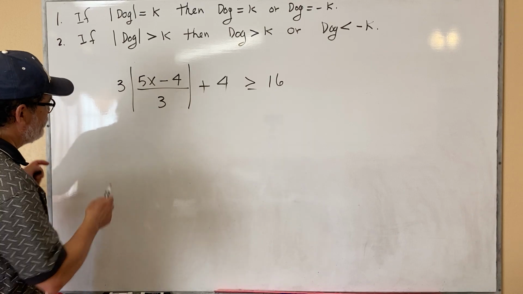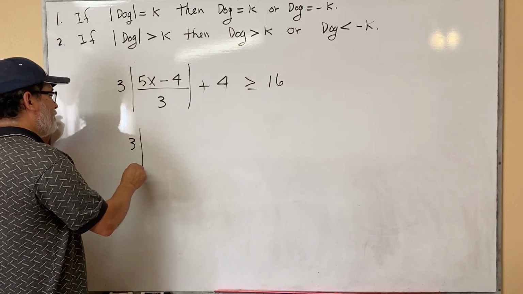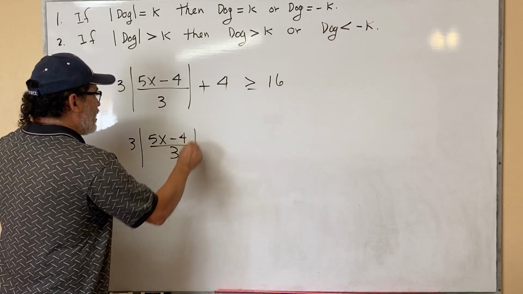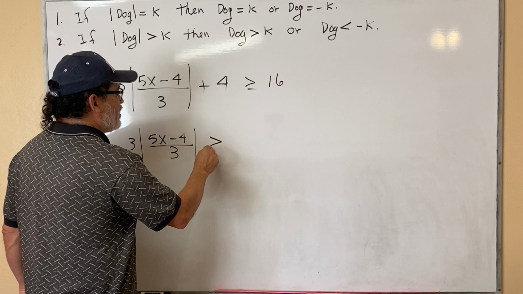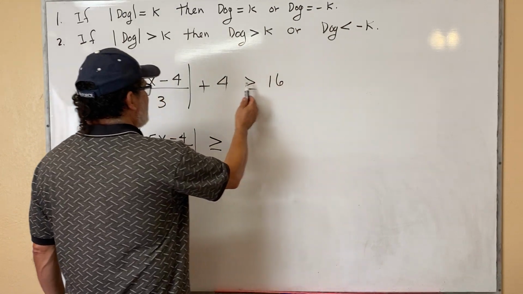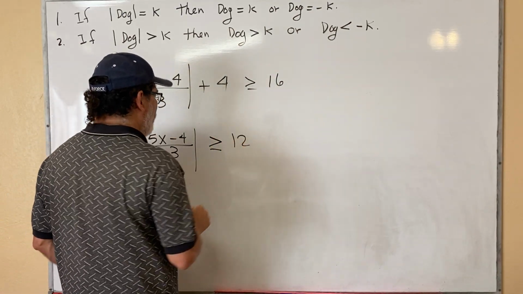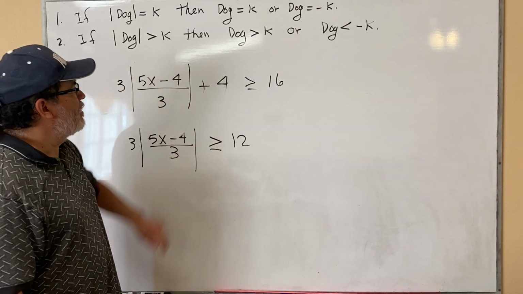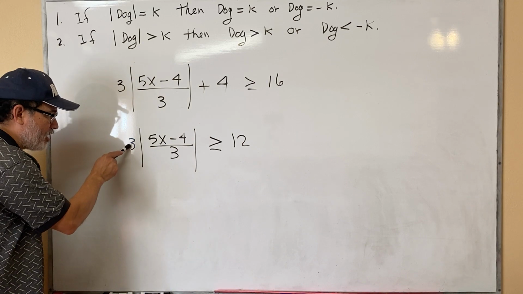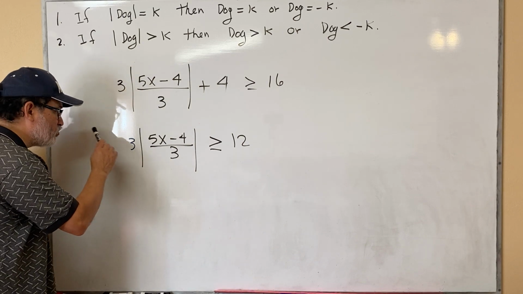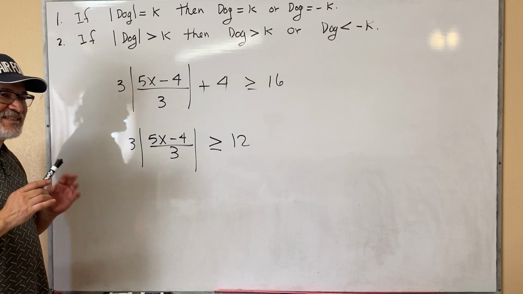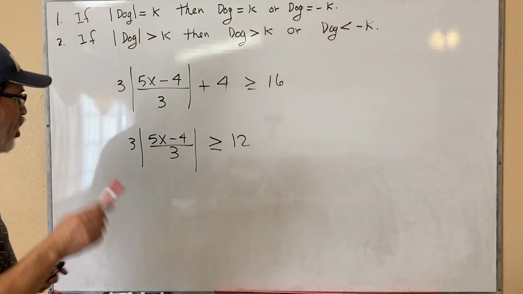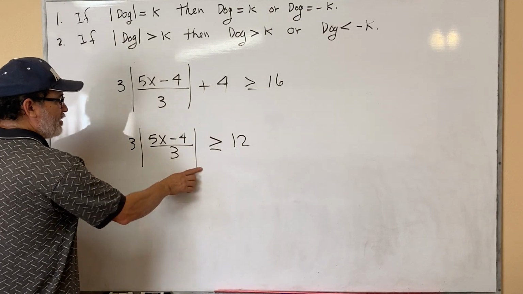So this is 3 times the absolute value of 5x minus 4 over 3, greater than or equal to, what is 16 minus 4? 12. Okay. I got rid of this 4. Now let me get rid of this 3. This 3 and that 3 do not cancel. That's tempting. Yes, it is. It is tempting, but it's no. That's not the way it's done.